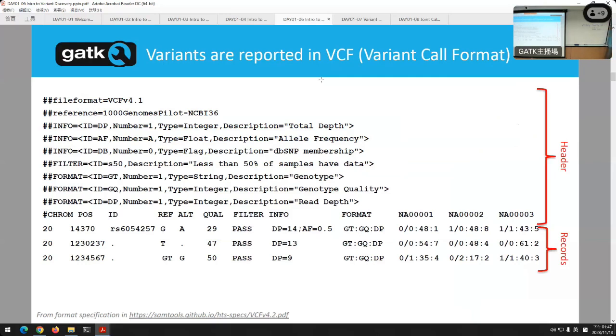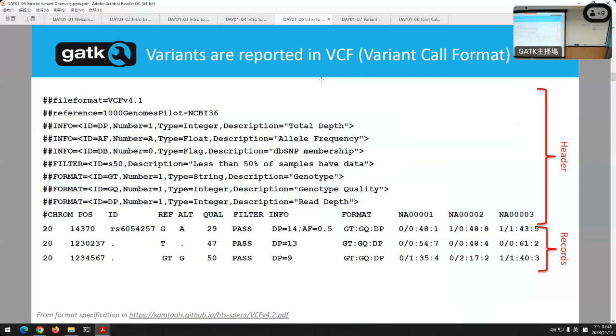Then let's skip to the end. Those last three columns are the IDs for those samples: NA00001, 2, and 3. We made up those numbers. Again, Aaron will go into details, but the section below shows you what their genotypes are.